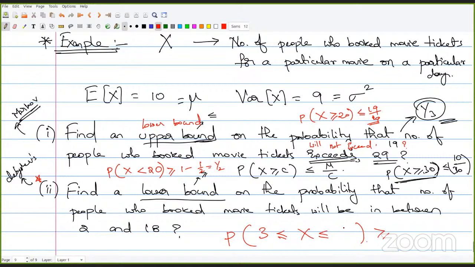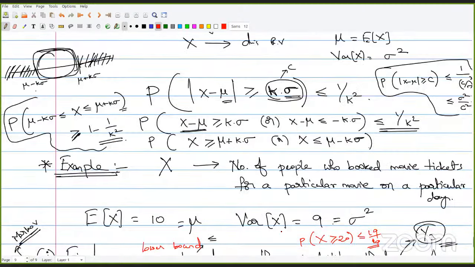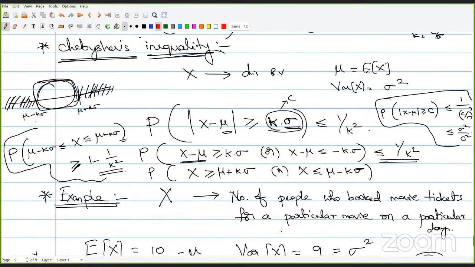Okay. Anyway. K is 2. So will it have equals to? Because it's between.